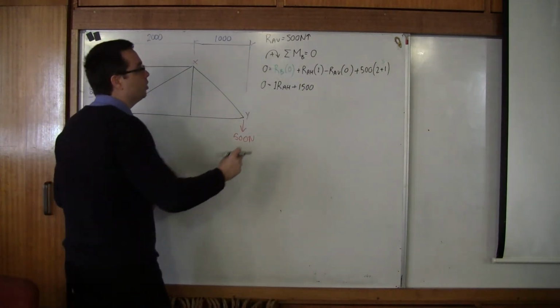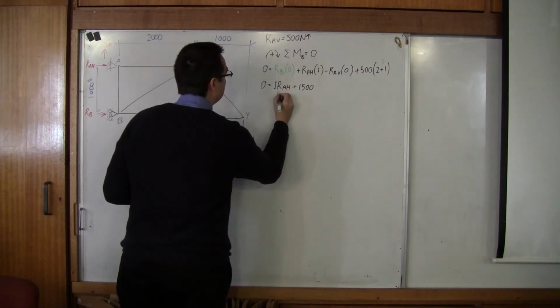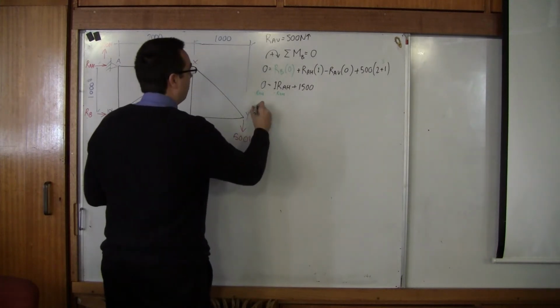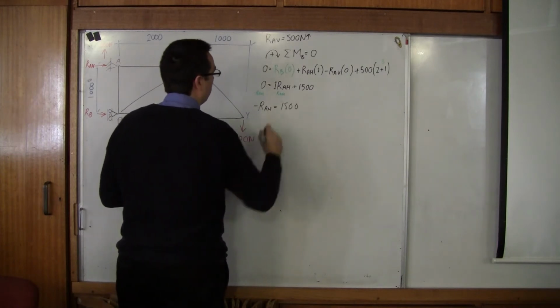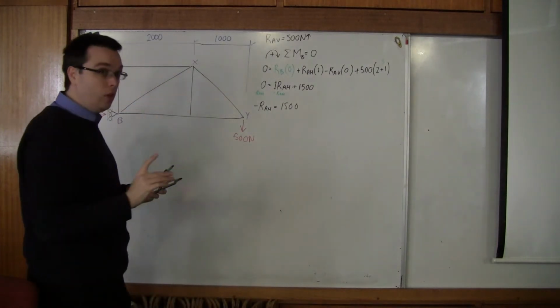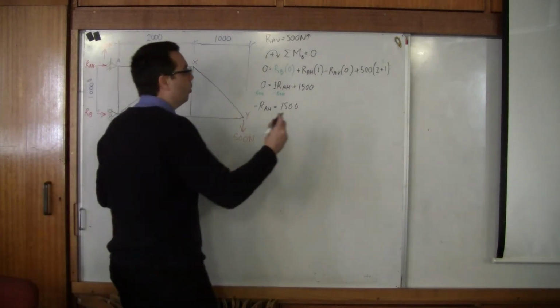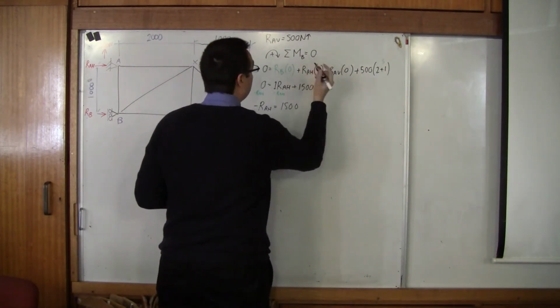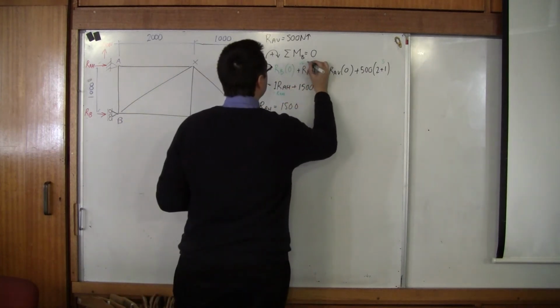Now, what we need to do is the same thing we did before. We're going to take minus RAH, which gives us minus RAH equals 1,500. Now, we don't need to do any division because it's dividing by 1. But I normally like to write a note. Now I'm writing this in green to say you don't have to write this. But I said assume that it's going this way, therefore clockwise.